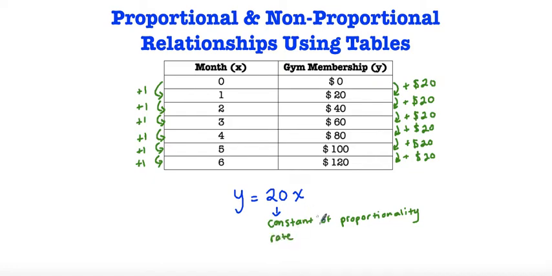So the rate at which this table is increasing is the rate of change. And another word we could use to describe it is slope, which is the same thing as the rate of change. So this table is proportional, and we know that because all our rates are equivalent.